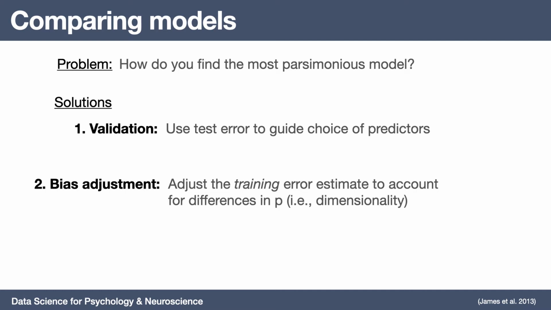The idea here is that these are fast. You don't have to compute test sets and training sets. You don't have to do cross-validation. What you just need is a proxy for controlling the degree of variability in your model. You want some way of penalizing your mean squared error term to account for dimensionality. And that's what these bias-adjusted criteria do.